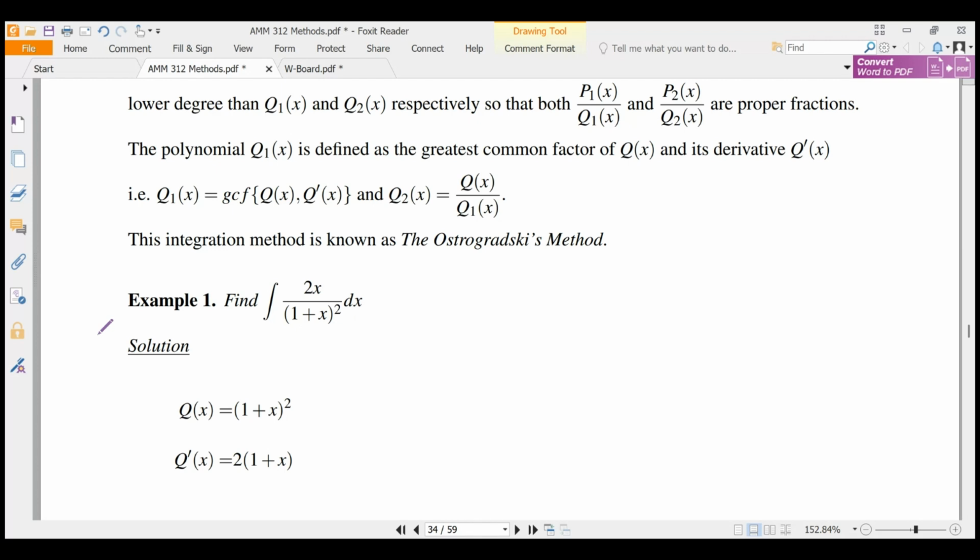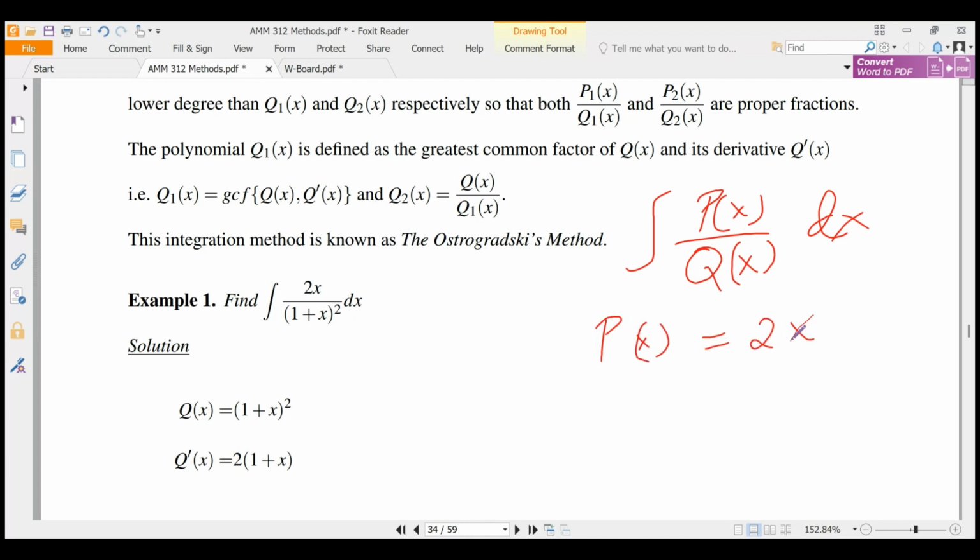So because we're going to write this integral as p of x divided by q of x, we see that p of x is equal to 2x, while q of x is equal to 1 plus x raised to the power of 2.